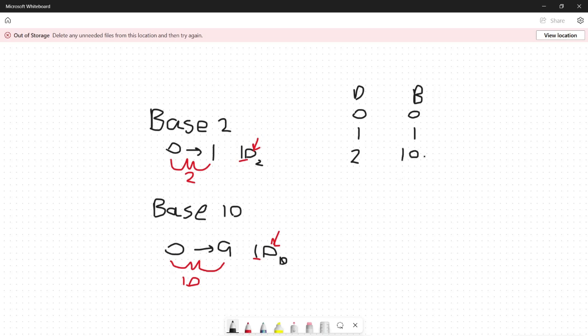So you can see 2 is where we get our first overflow, where we add a 1 and then we drop our count back to 0 and we start counting again. 3 is 11. 4 is 100.